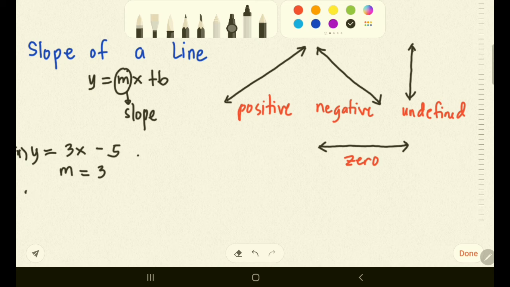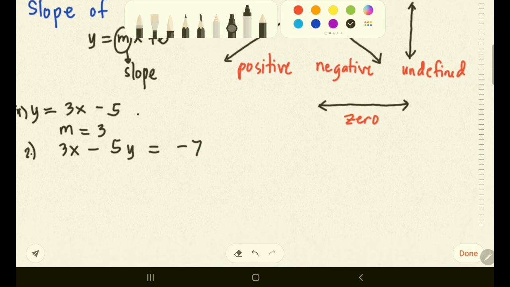Okay, how about this? 3x minus 5y equals negative 7. This is in the standard form. You cannot identify the slope directly. That is why you need to rewrite this into the slope-intercept form. How?